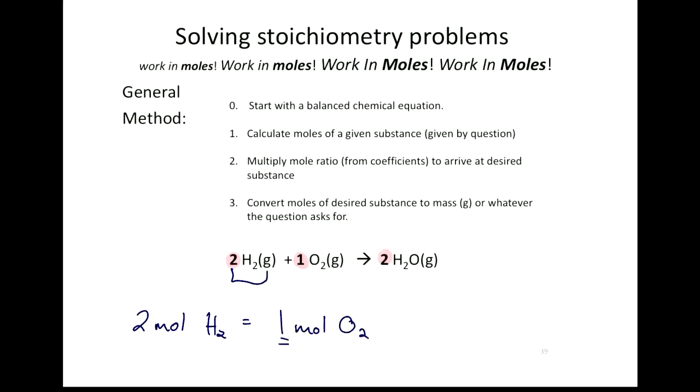Where did that 1 come from? Did I just make it up? No, it's part of the balanced chemical equation, which also equals, depending on where we want to go, 2 moles of water. Note that these numbers relate to the coefficients.